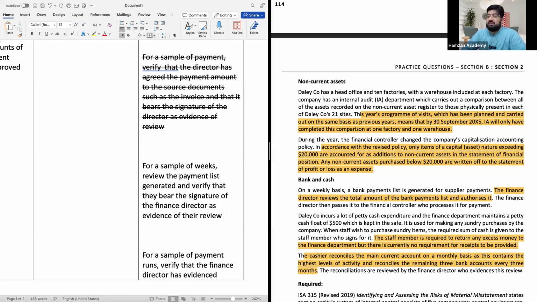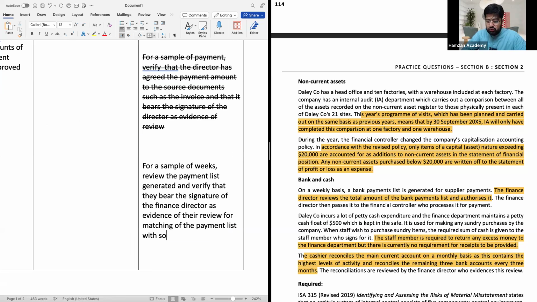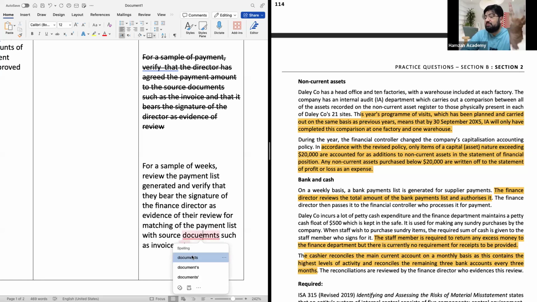Evidence review of what? Review for matching of the payment list with source documents such as invoices. Now it is correct. Otherwise, it was not giving any message. Review for what? If we write only this, it is incomplete.